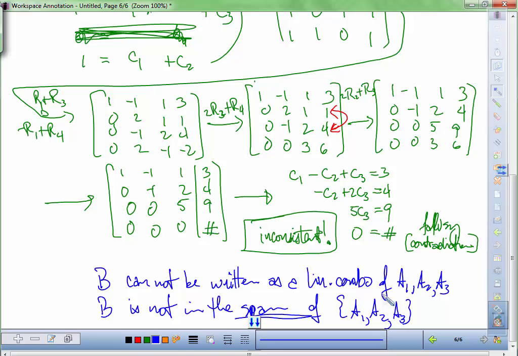The span of a set of vectors is a linear combination of those vectors. A span of a matrix is a linear combination of those matrices. And so in this case, we couldn't find constants, scalars, that would make B a linear combination of these matrices. And so we can say B is not in their span.